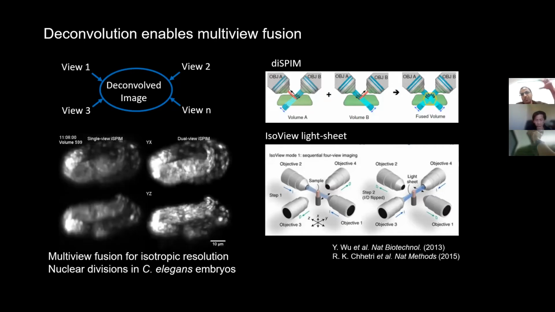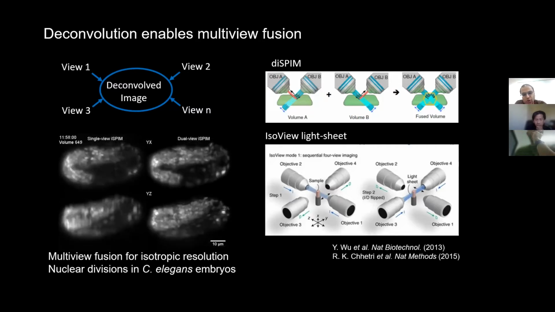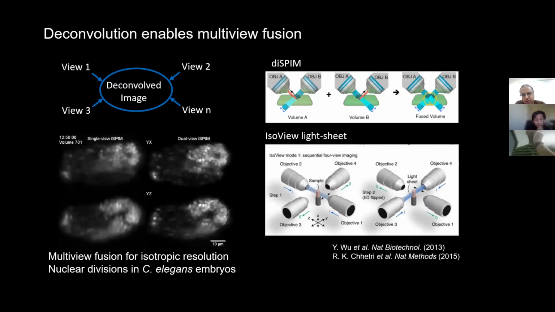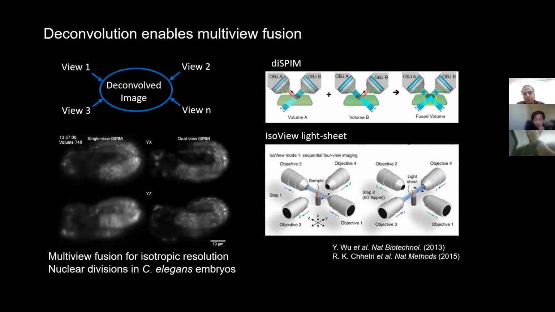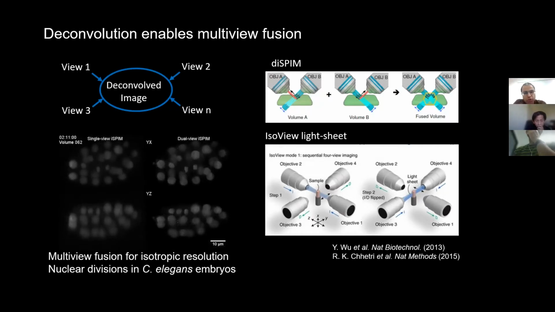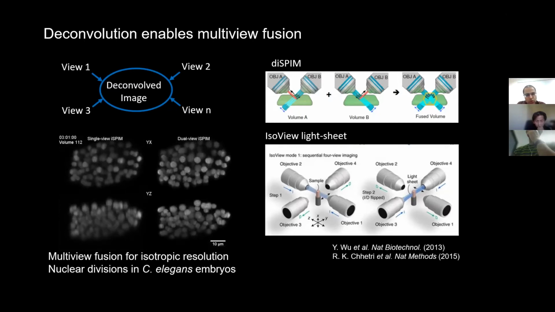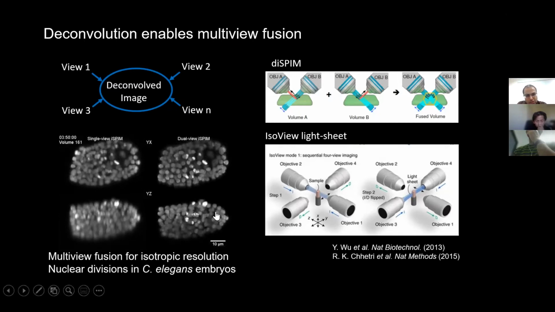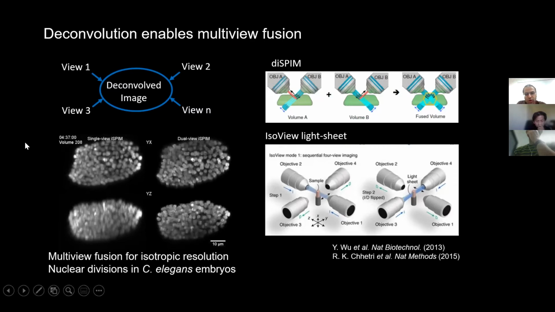If you come in with a second view, you can compensate for that poor axial resolution by fusing the images, by registering one view on top of the other view and applying deconvolution. You can get a more isotropic image, as you can see on the right here, where the axial resolution is very similar to the lateral resolution.